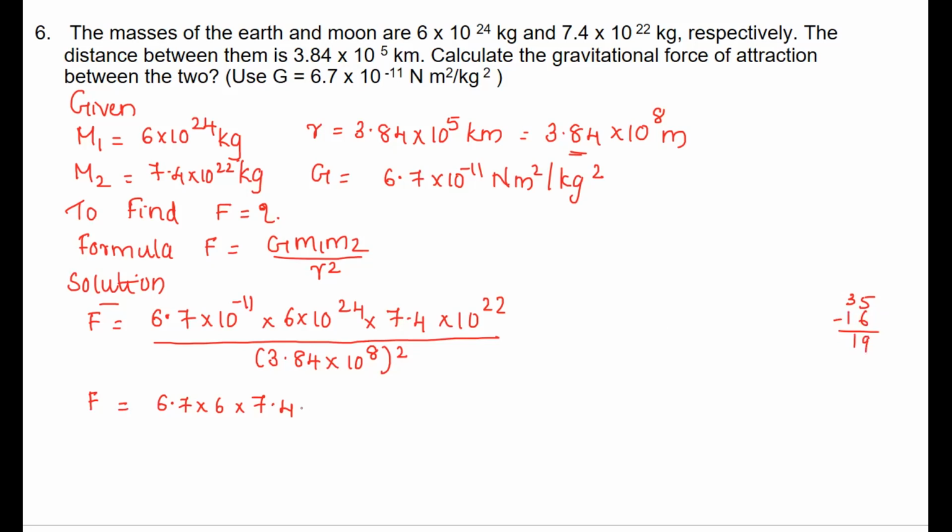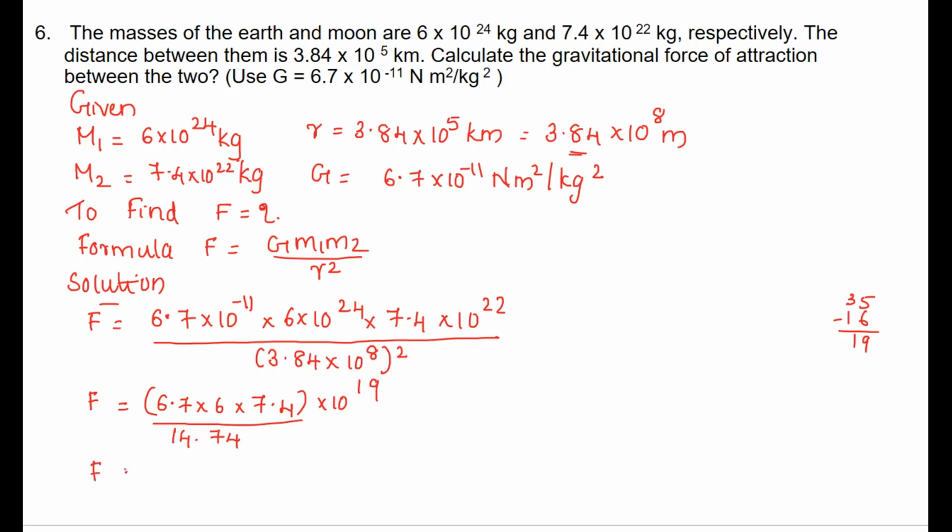So we can write here into 10 raised to 19 upon 3.84 square. 3.84 into 3.84 is equal to 14.74. Okay.